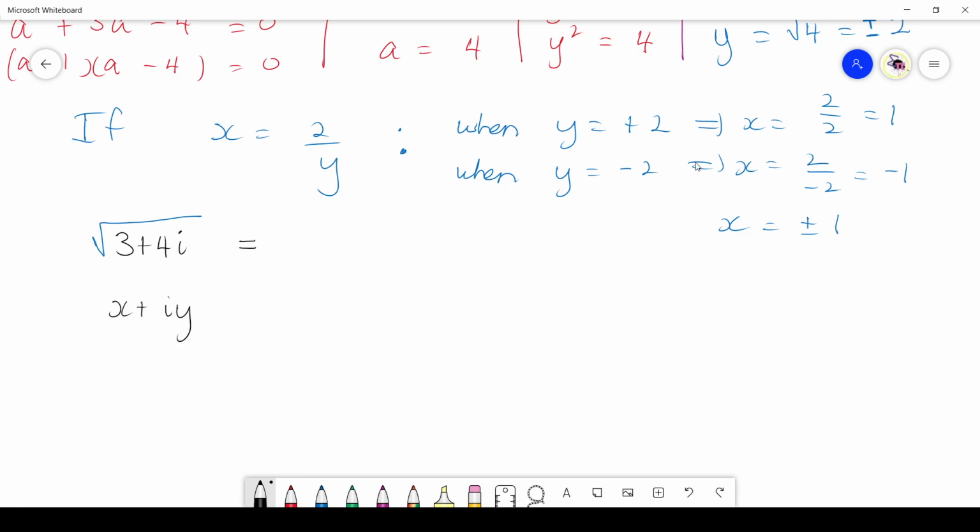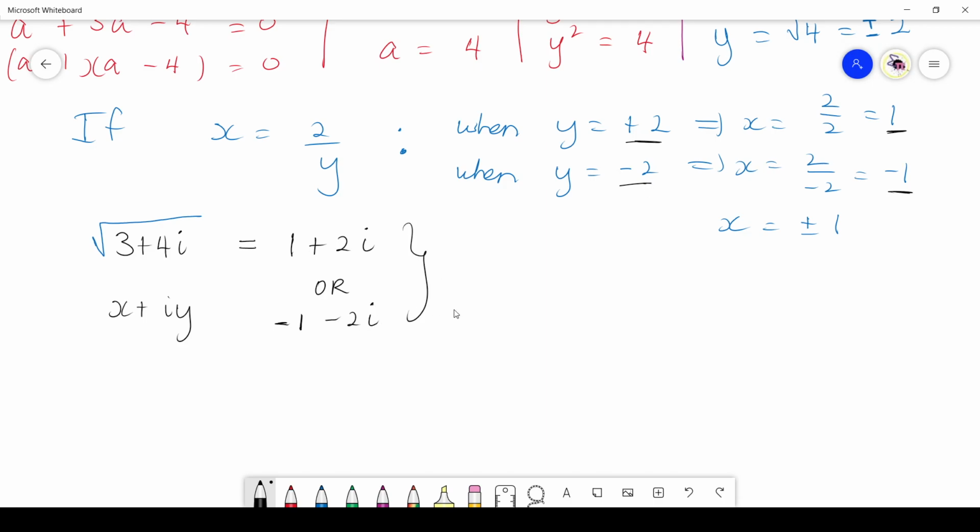So first you write x. The first value of x was 1. And when x was 1, we had a corresponding value of y being positive 2. So that'll be 1 plus 2i. Or our second value was when x was negative 1, you had the corresponding y value of negative 2i.